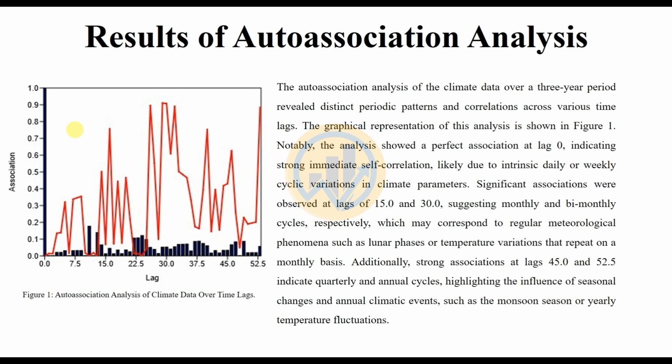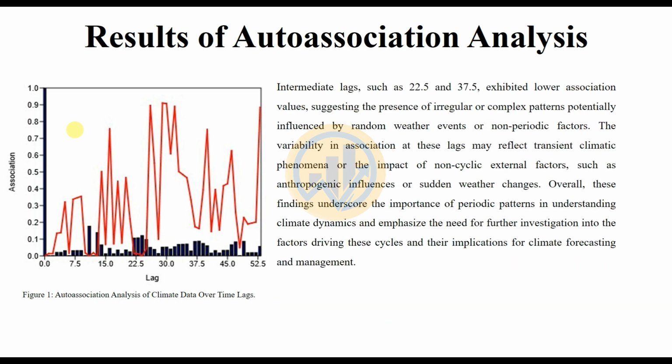yearly temperature influences. Intermediate lags such as 22.5 and 37.5 exhibited lower association values, suggesting the presence of irregular or complex patterns potentially influenced by random weather events or non-periodic factors.